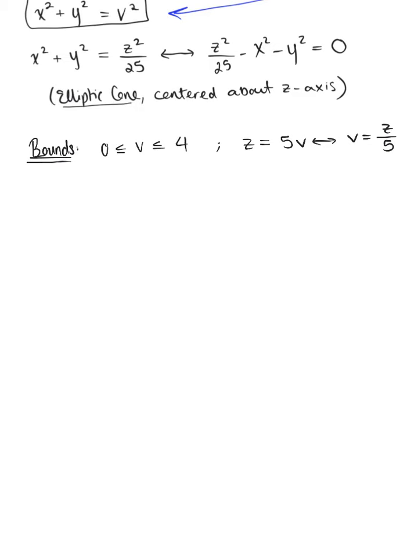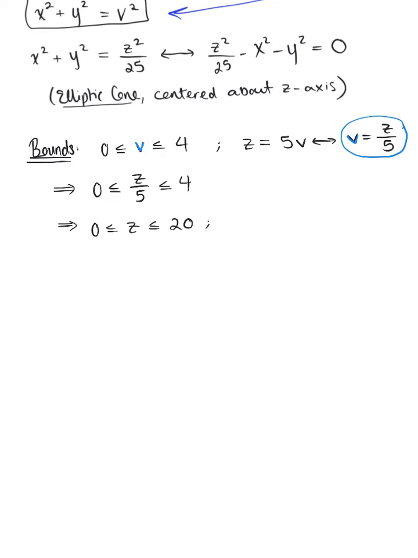We can replace the v in our inequality with z over 5, so we have that z over 5 is greater than or equal to 0, less than or equal to 4. If we multiply each part of our inequality by 5, this gives us that z is greater than or equal to 0, less than or equal to 20.